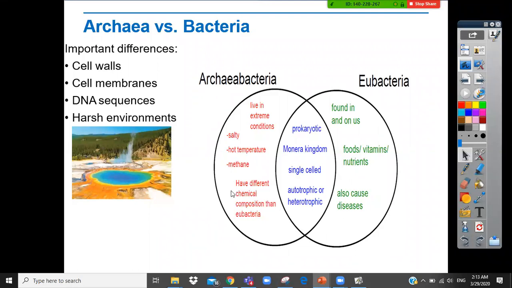They have a different chemical composition than eubacteria, that is, a different composition for their cell walls and cell membranes. And they also have a different DNA sequence.